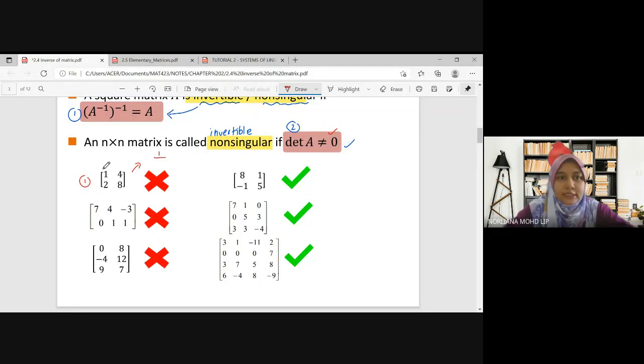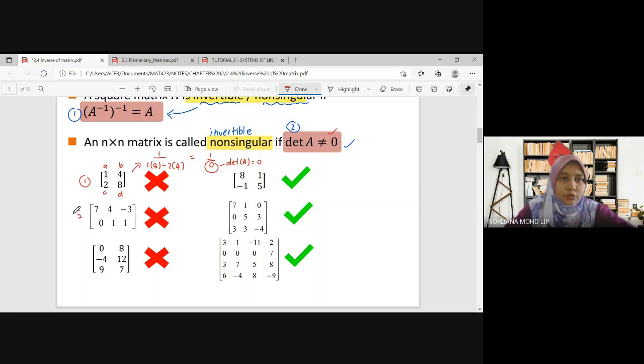AD is 1 times 8 minus BC, 2 times 4. Find the determinant: 1 over 0, which is undefined. Not possible. So the determinant of A is equal to 0, so it is not invertible.